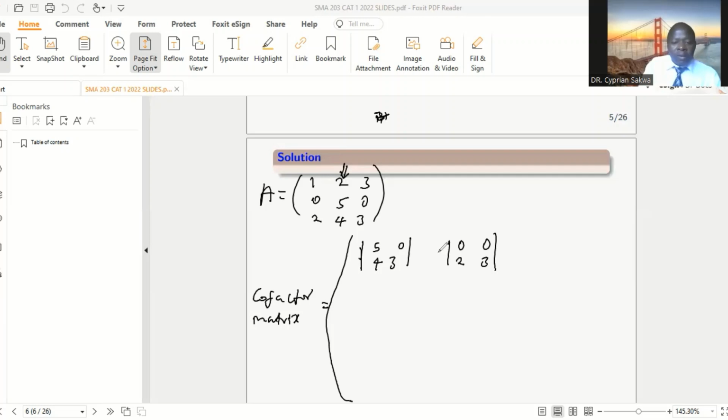But now the sign of the cofactor will be negative, because it's plus, minus, plus, minus, plus, minus, plus, minus, plus. Now, the next element is 3. The sign will be positive. I delete the row of 3 and the column of 3. They have 0, 5, 2, 4.